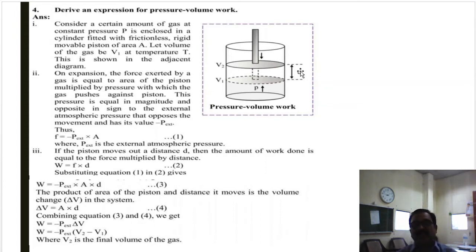That is, W is equal to F into d. But we know that force is given by minus P external into A.